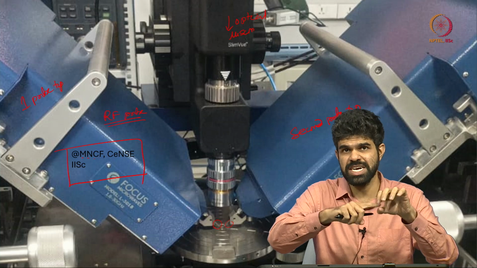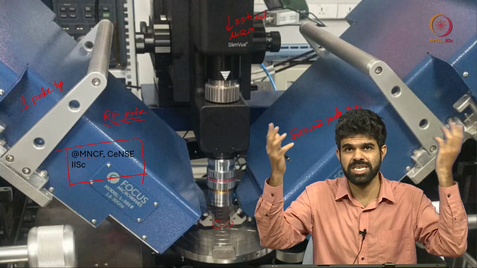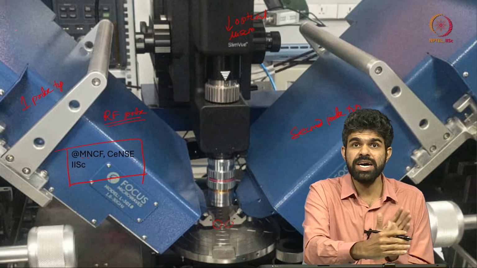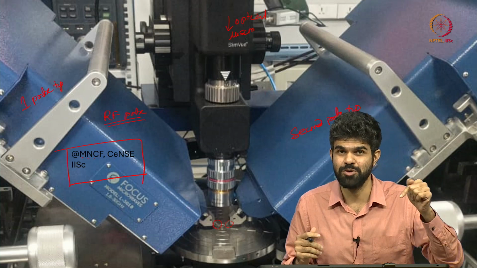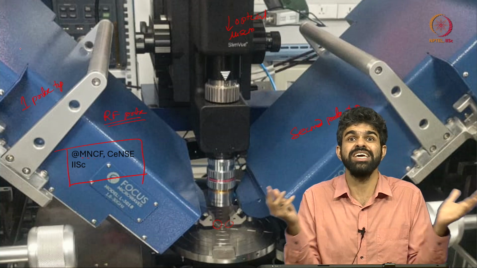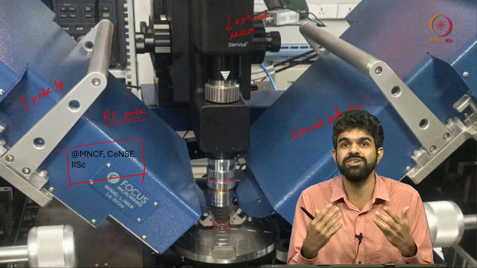So the cables shield these probes against external interference of electromagnetic waves, but here you need this entire dabba to shield just one probe, right. This is how you shield any sort of radiation that comes and interferes with your measurement.